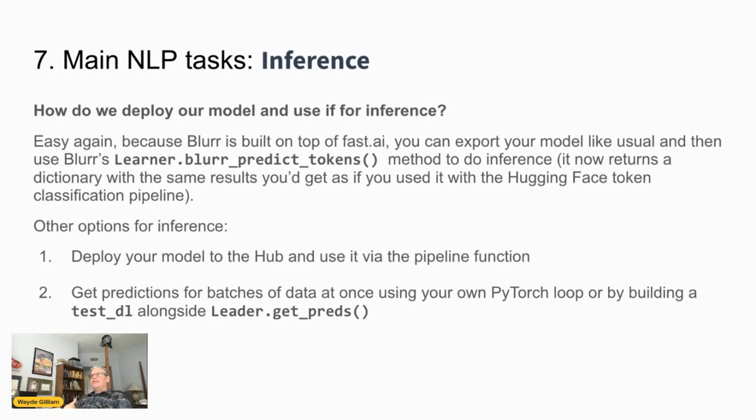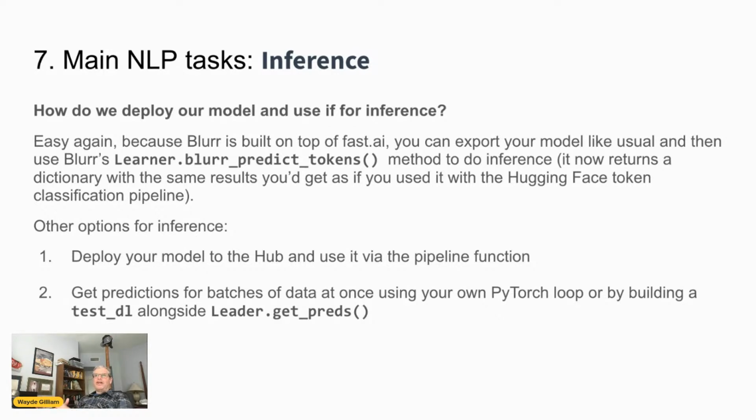What this does is allow us to do inference and give you the same results as if you were using the token classification pipeline from Hugging Face. This is a little bit different than version 1, and I like it better. Also it creates a nice parallel with Hugging Face, so that if you're using the pipeline and you're using Blur, the results are going to be the same and can therefore be used in the same way. We'll look at how that works in just a moment.